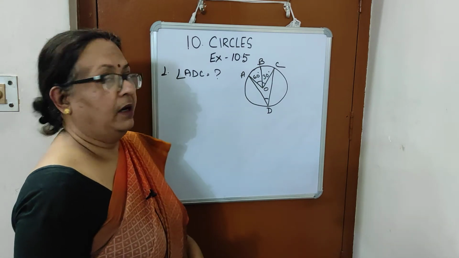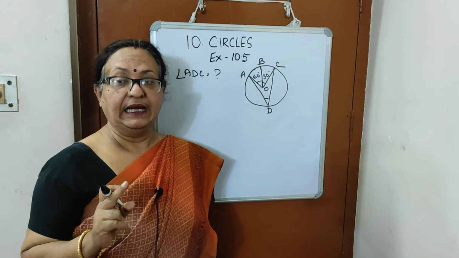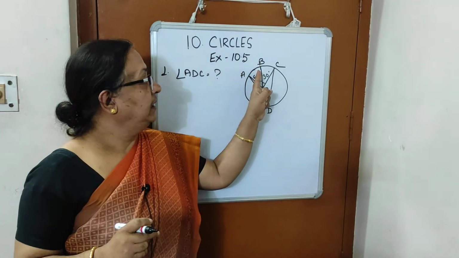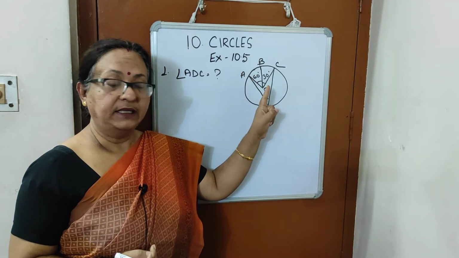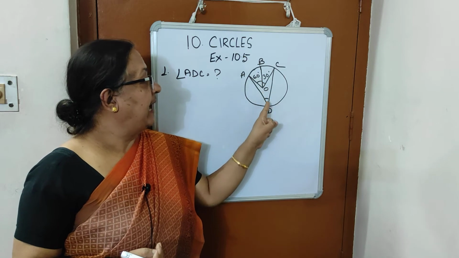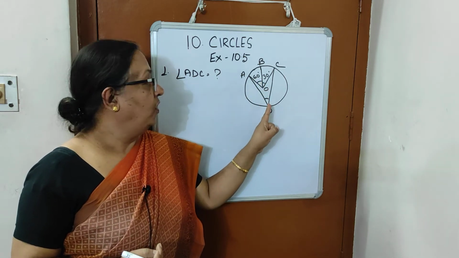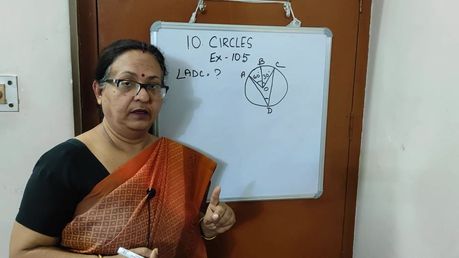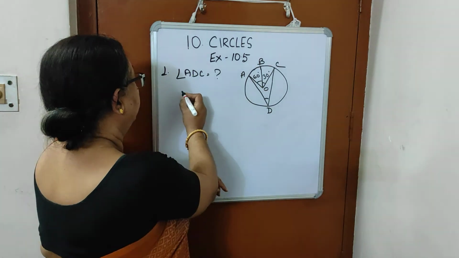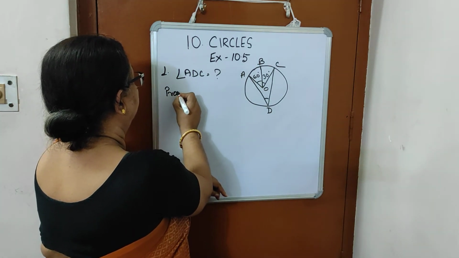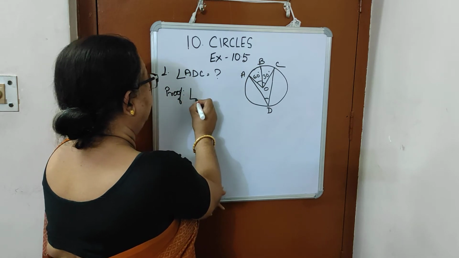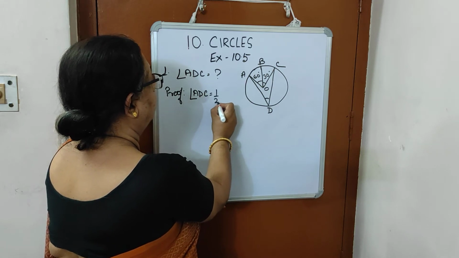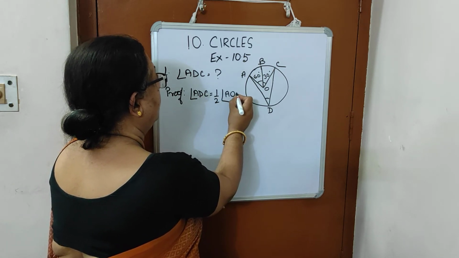Now, the previous day we had learnt a theorem which said that an arc of a circle subtends double the angle at the center than on any part on the remaining part of the circle. You remember the theorem, children? Okay, that means angle ADC will be half of angle AOC.